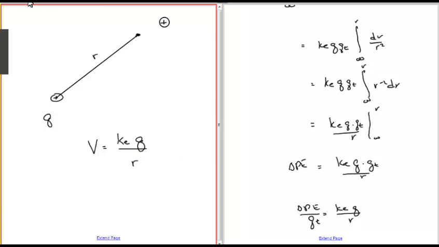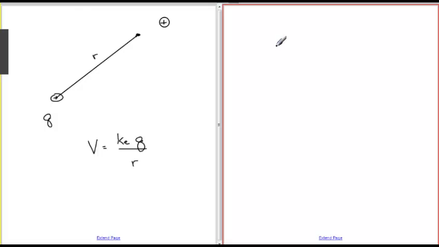So let's just do a simple example. Let's say the charge is 1 electron, or 1 proton, which is 1.6 times 10 to the minus 19th coulombs. Let's say the distance is 5 centimeters, which is 0.05 meters.